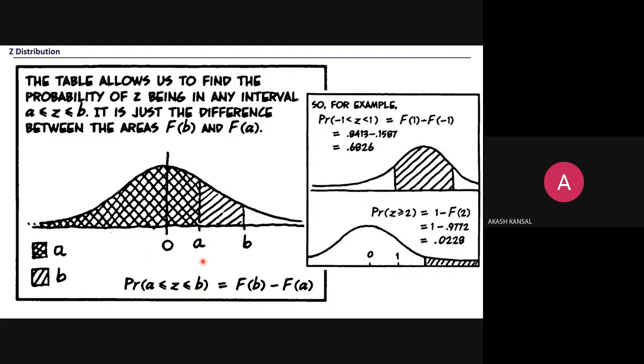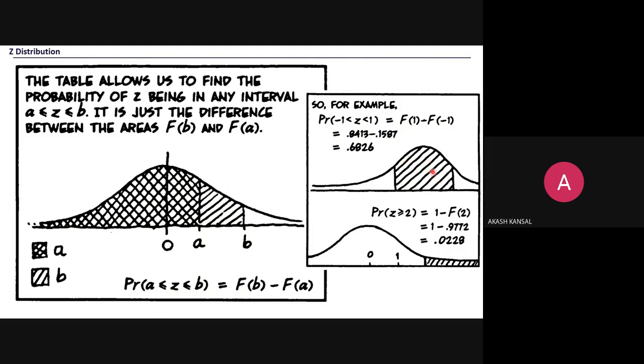The same example that I was talking about, that's how we have it for one standard deviation. So if you see, the probability of getting a z between minus 1 and 1 is F(1) minus F(-1). You can go back to the F tables for this, but F(1) is 0.8413, F(-1) is 0.15, and this probability comes out to be 0.6826.